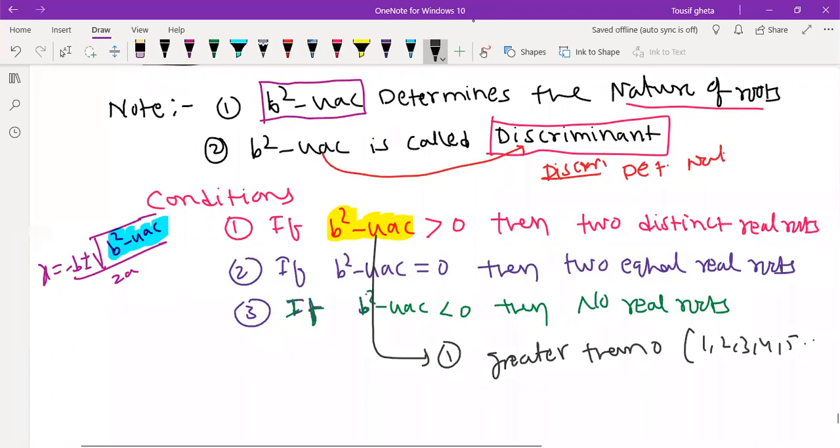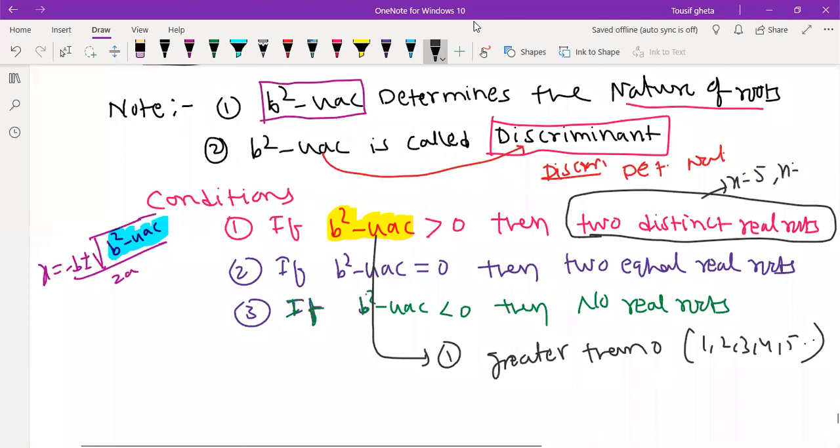Then those roots will be called two distinct real roots. Distinct means different. Like you got one answer as x is equal to 5, another answer x is equal to minus 10. Distinct is different. You get two distinct real roots when b square minus 4ac is greater than 0.